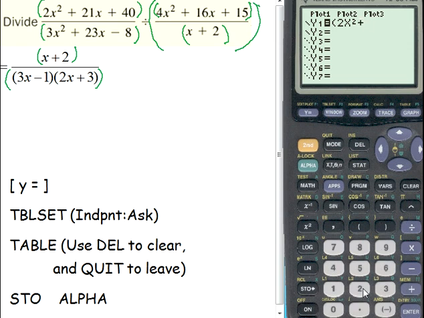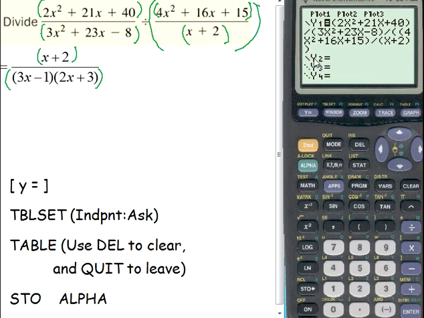We want to copy it identically to the way it's written: plus 21x plus 40, and close parentheses, then divide, and open parentheses, 3x squared plus 23x minus 8, close parentheses, divided by, open parentheses, this is the big one, and then open another smaller one, 4x squared plus 16x plus 15, close parentheses, divided by, open parentheses, x plus 2, close parentheses, and then close the bigger one.